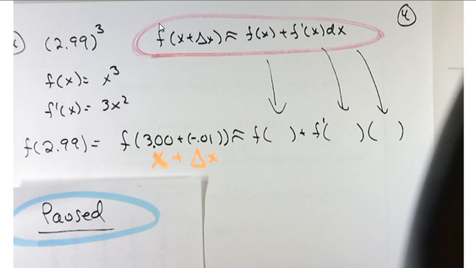X is 3. Okay. This is right, because 3 cubed is 27. You end up with 27 times negative 0.1, 27 minus 0.27. Should be 26.3. Okay, just round it up.